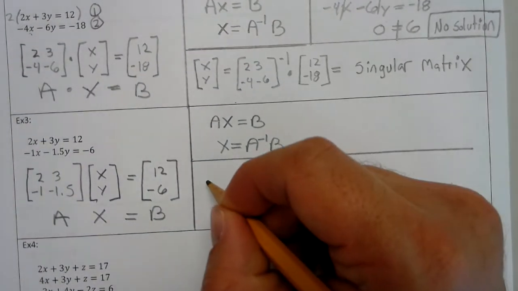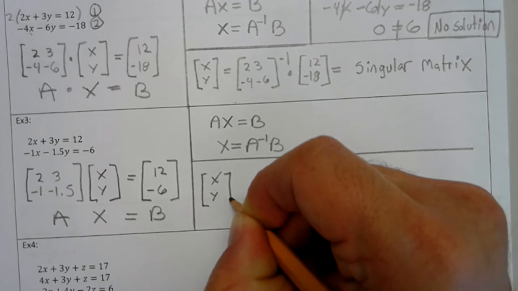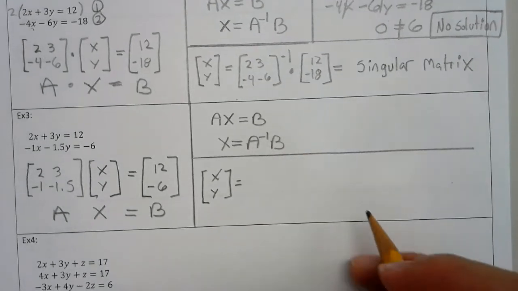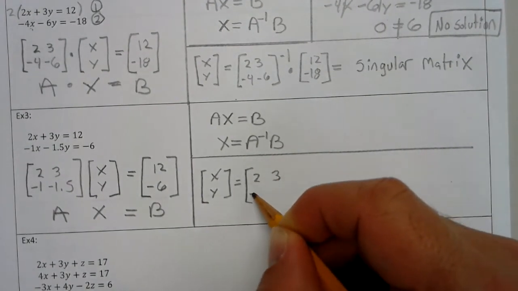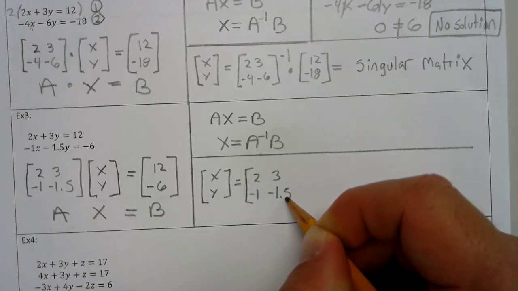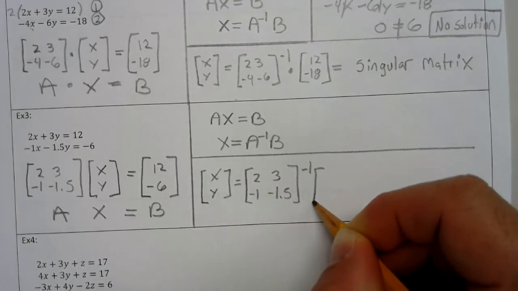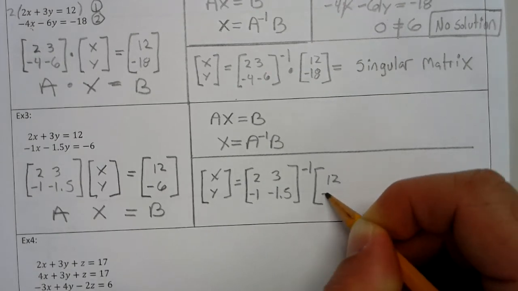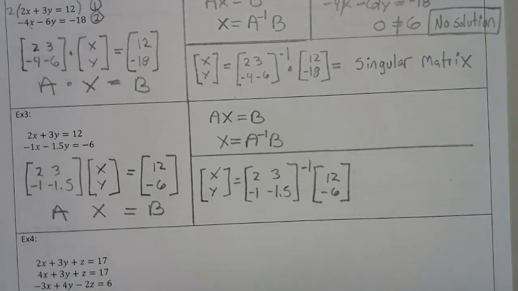So that's x is xy equals A inverse is 2, 3, negative 1, negative 1.5 inverse times 12, negative 6. All right, at this point, you want to plug that into your calculator.